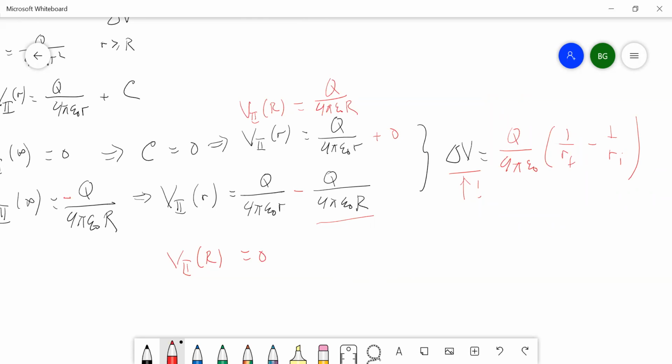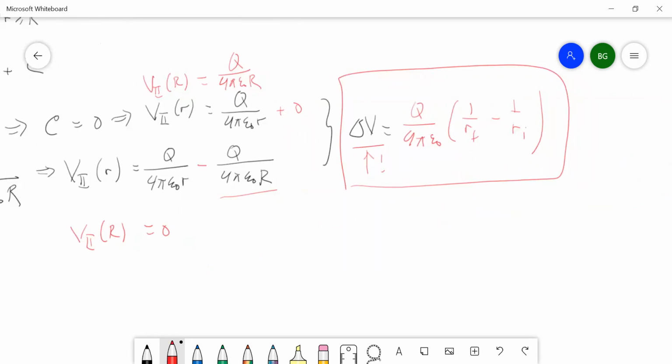They have the same potential difference. So this is the important thing, but not the form of the potential. So if we talk about the potential, usually we talk about the potential difference in reality, not the form of the potential.